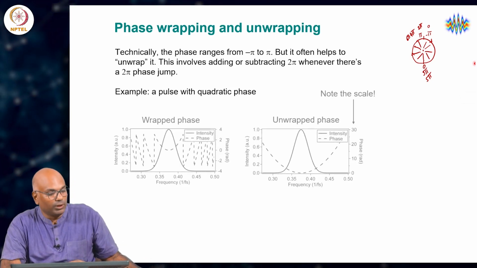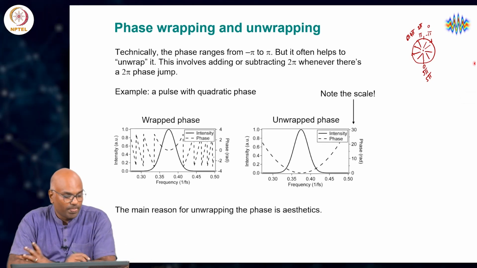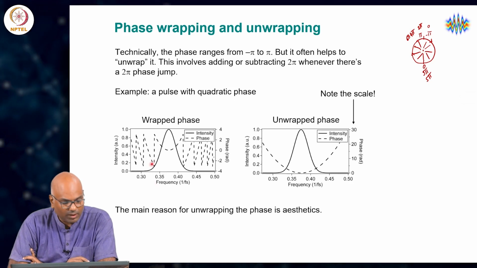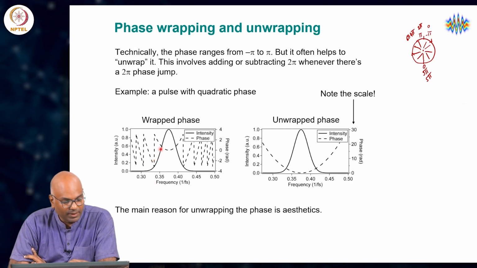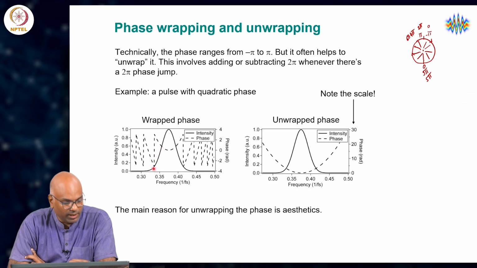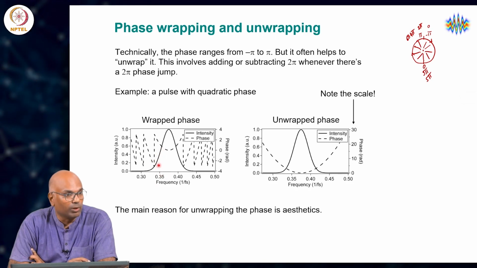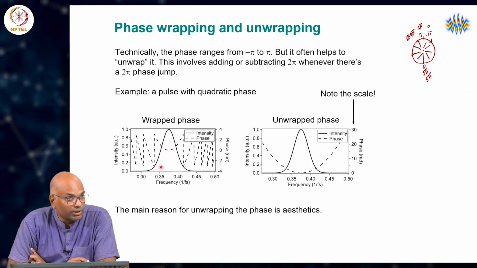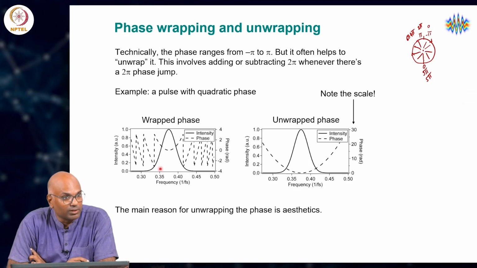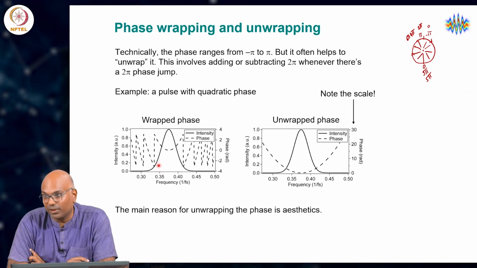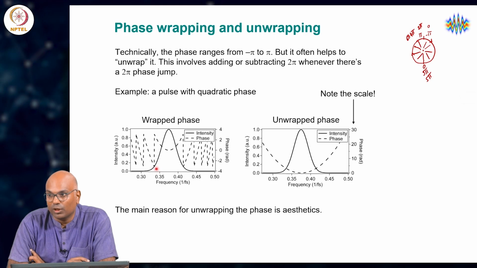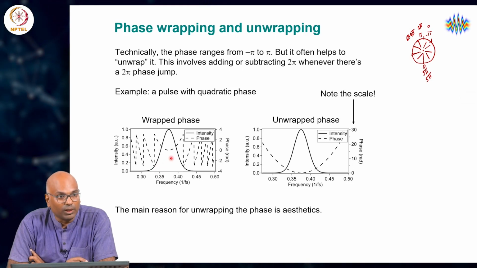But for us, in describing these pulses, we wanted to sketch the phase, right, intensity and phase in one plot. When you measure these quantities, think of a set of interference fringes. You go from dark to bright to dark to bright, right.